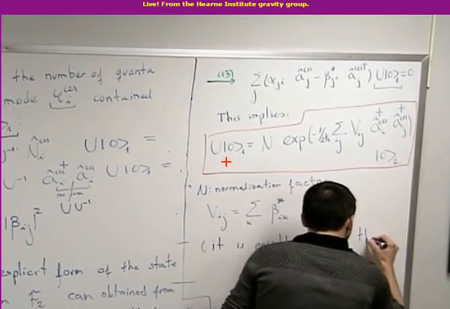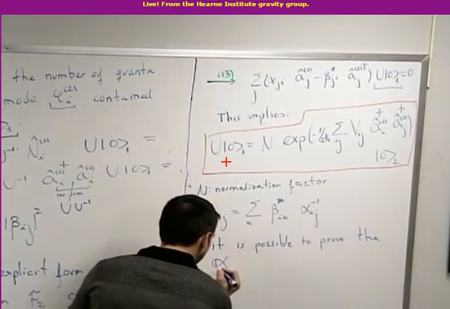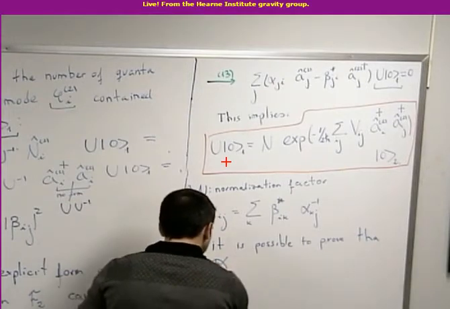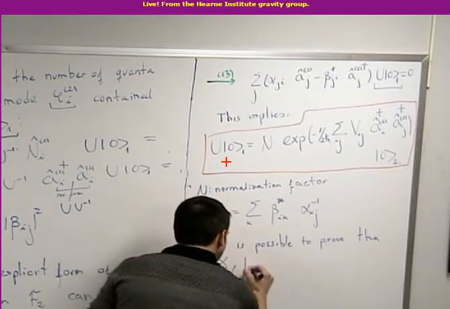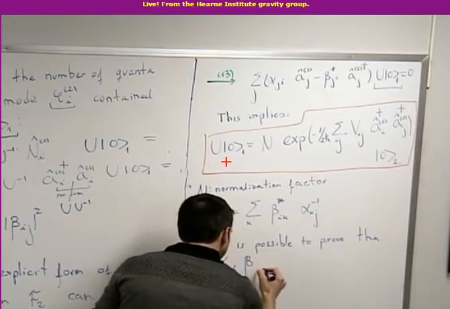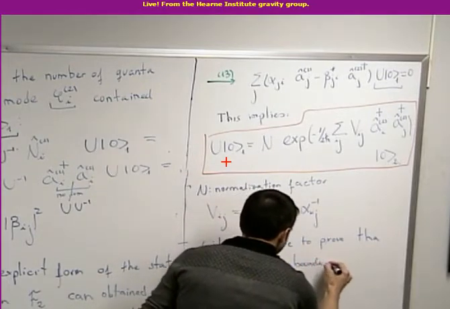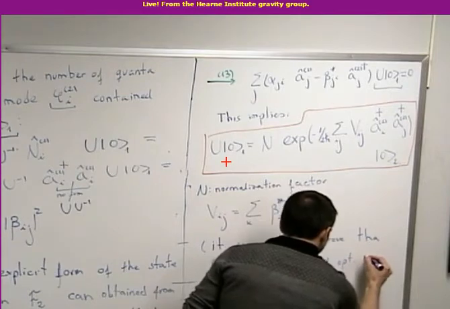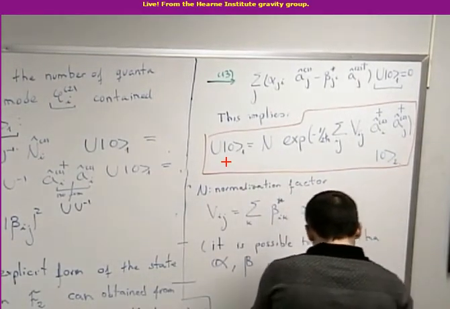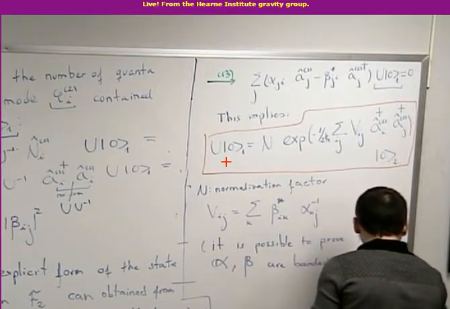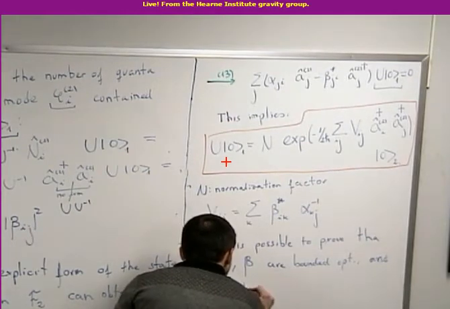That alpha as a matrix, let me put this fancy alpha and this fancy beta to indicate that they are matrices, are bounded operators wherever they act, and also that alpha inverse exists.